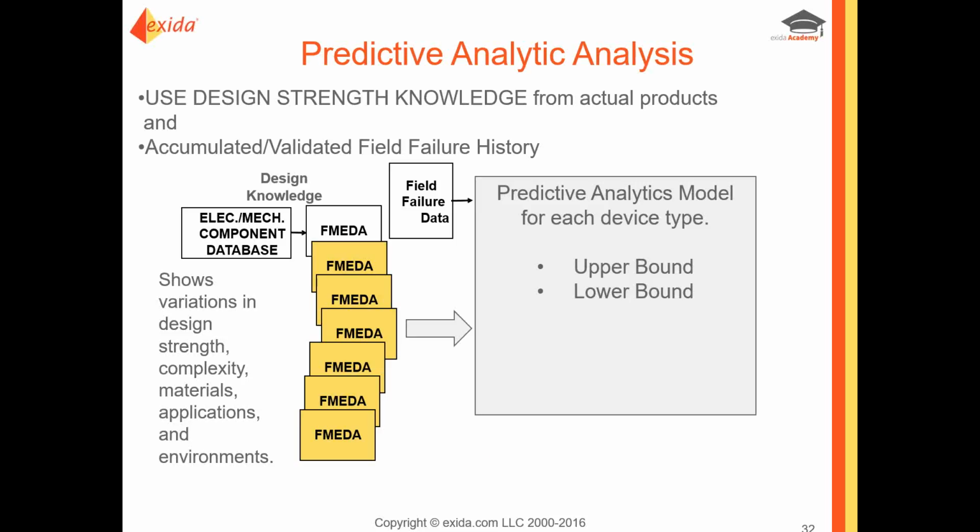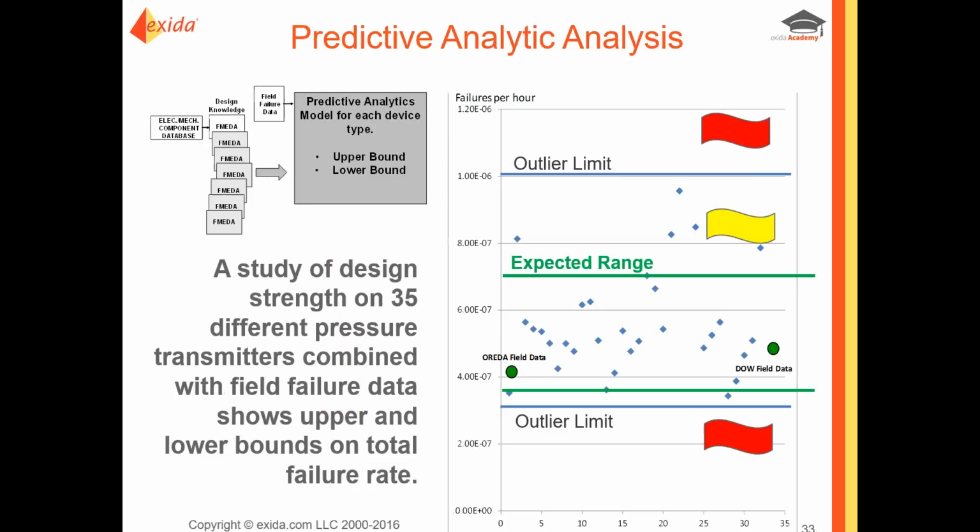And I'll show you why some of this stuff really works. A study of 35 different pressure transmitters combined with field failure data showed what we should expect based on current designs and even older designs. In fact, we have the data on many obsolete pressure transmitters as well as virtually every single currently produced pressure transmitter.